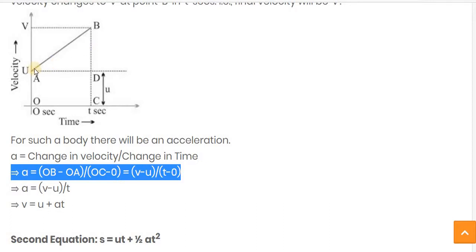Here you can see this triangle ABD is a right-angled triangle. So we have to find this AB. AB square is equal to BD square plus AD square.